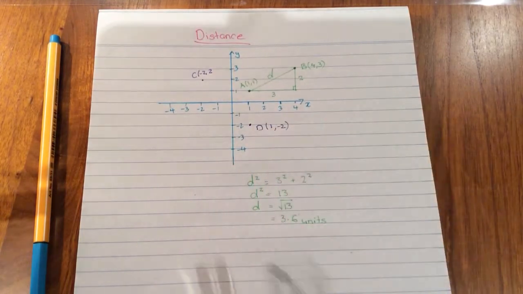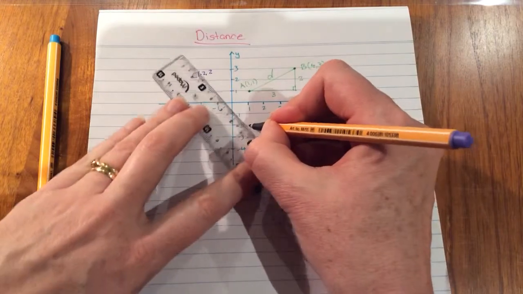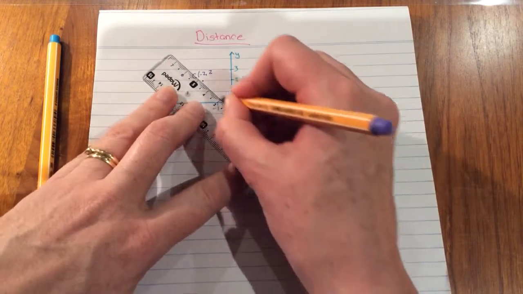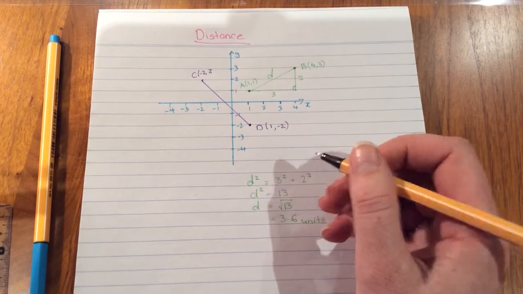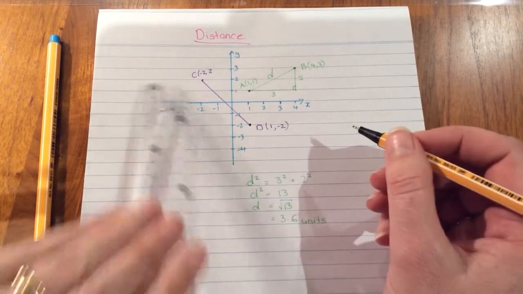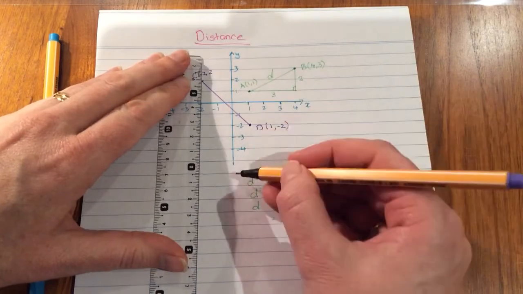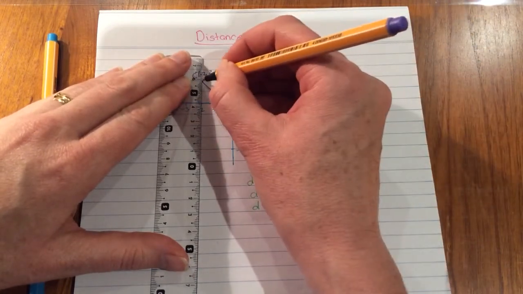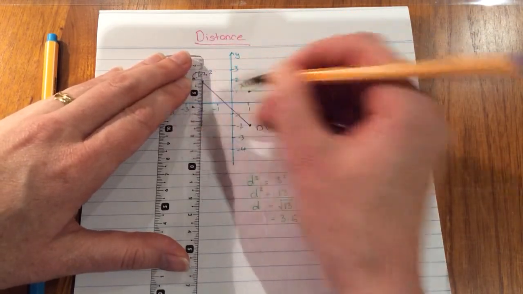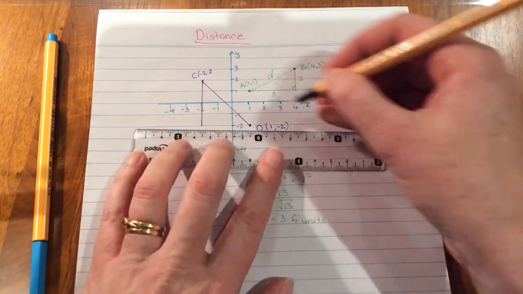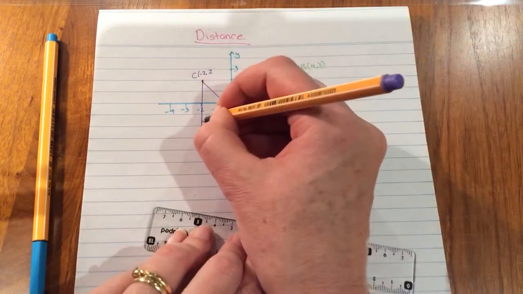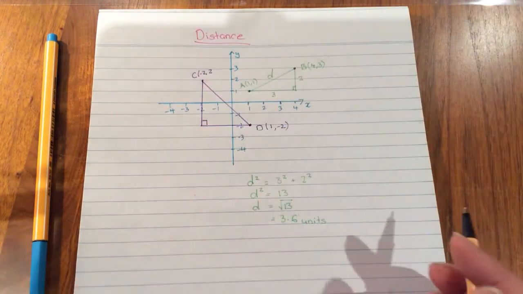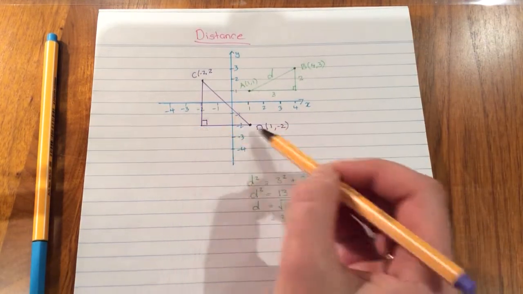So I want to find this distance now from C to D. So to use Pythagoras' theorem, I need to create a right-angled triangle. So I'm going to go straight down here, parallel to the y-axis. Then I'm going to go straight across, parallel to the x-axis, creating a right-angled triangle. So I need to know the short sides.